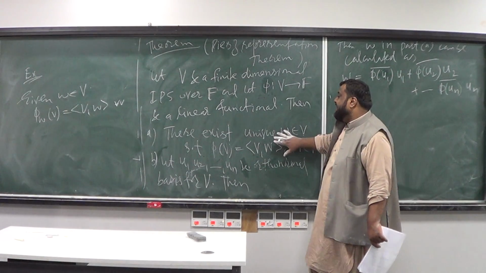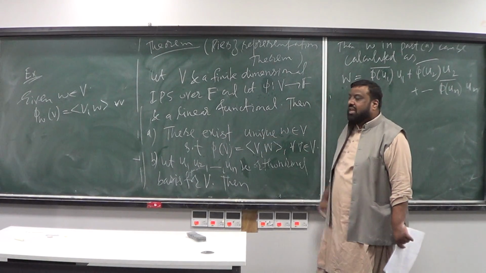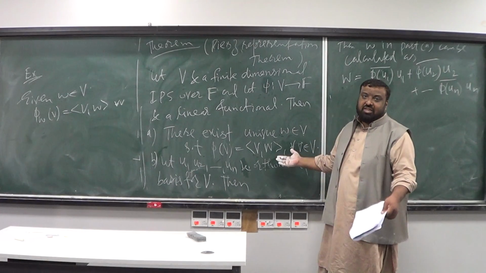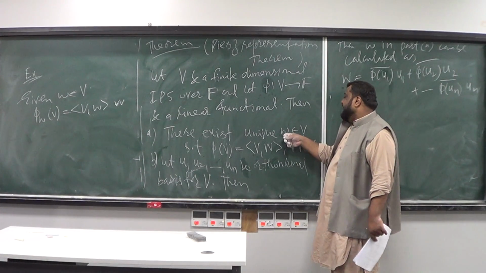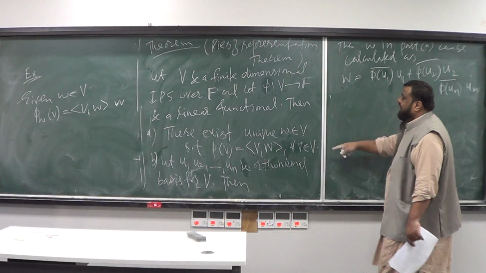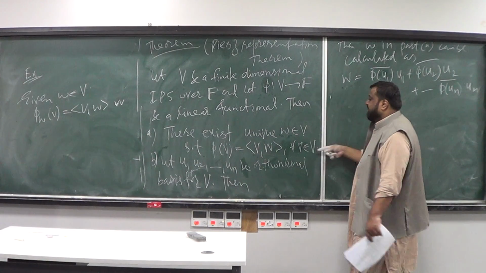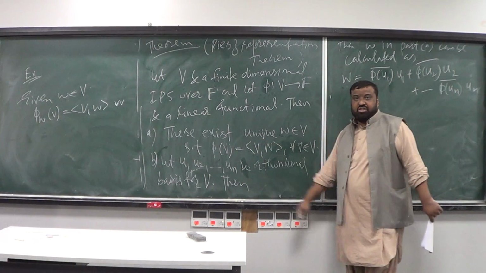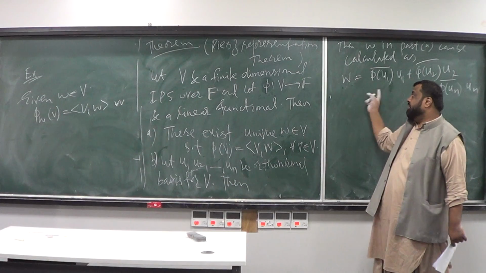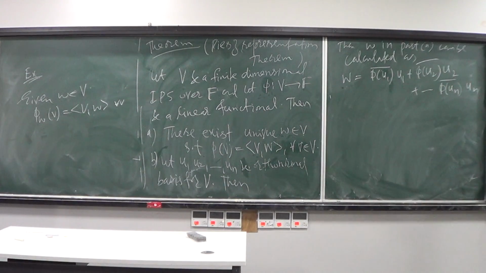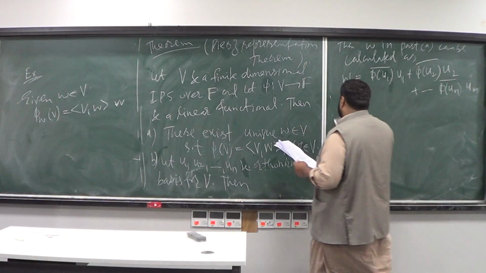Here it says that it exists and it must be unique, but it doesn't tell us what it is. So the answer is that if you take this w, it really satisfies this condition. In other words, your w must be this. So here's a proof for it.